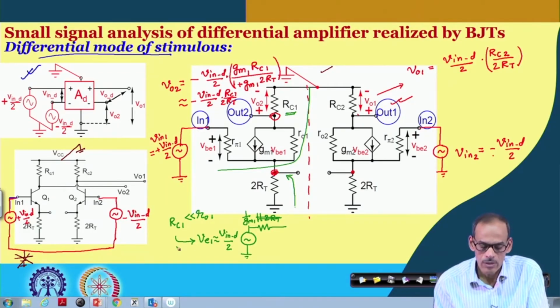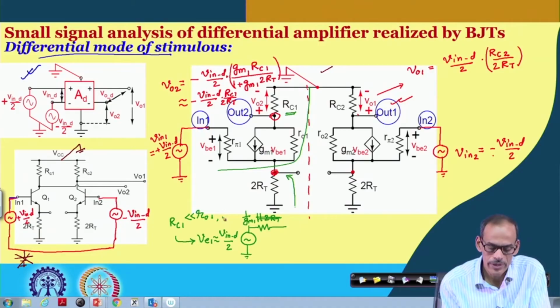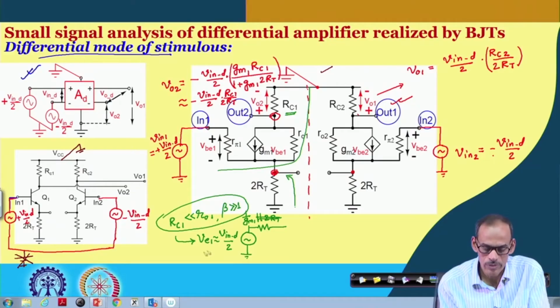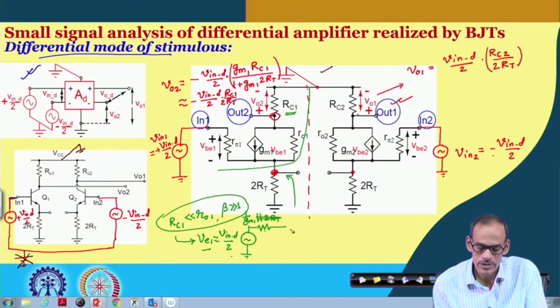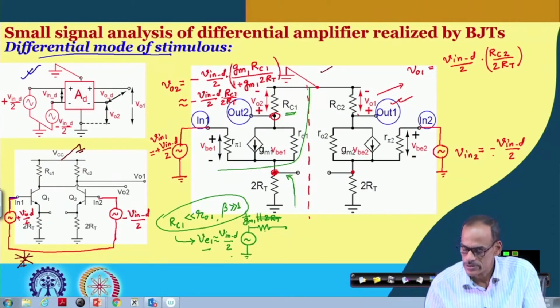And also we assume that beta is very high. So with this approximation we obtain VE1 equals Vin_d/2, and the Thevenin equivalent resistance is 1/gm1, and then we have the 2RT.